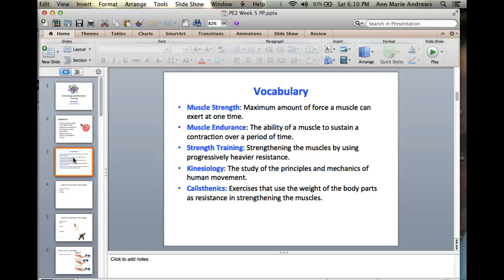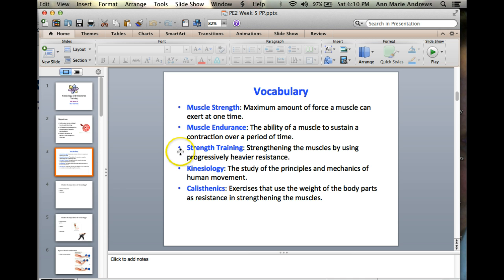So, keywords here: maximum amount, one time, whereas muscular endurance is the ability of the muscle to sustain a contraction over a period of time. Okay, so that's like doing reps of push-ups or sit-ups. That's muscular endurance, whereas muscular strength is an all-out effort, one maximum amount of force, okay?